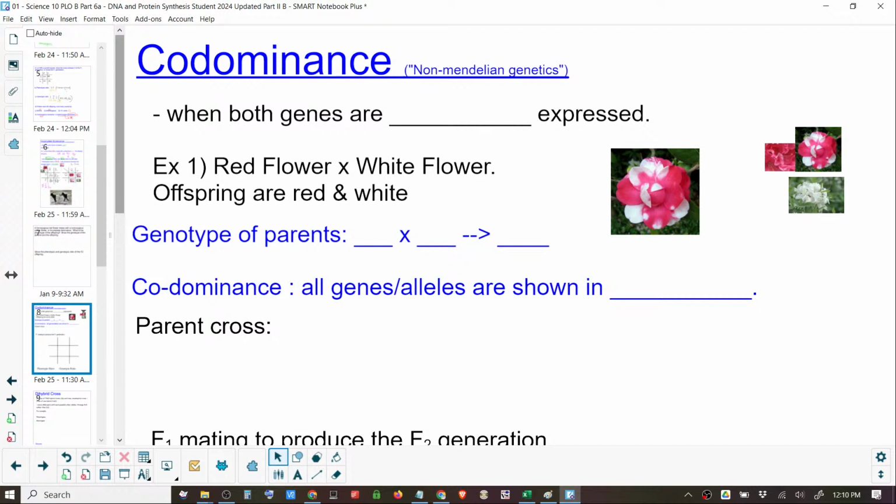Codominance is when both genes are equally expressed. They are codominant. The genotypes of the parents in this case, we have red, and so what should we use for white?